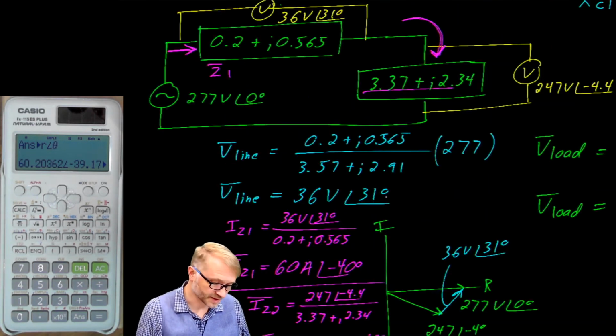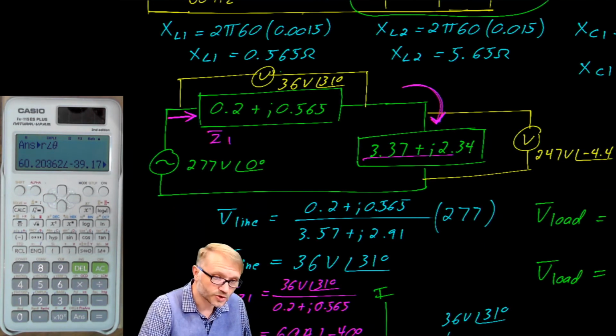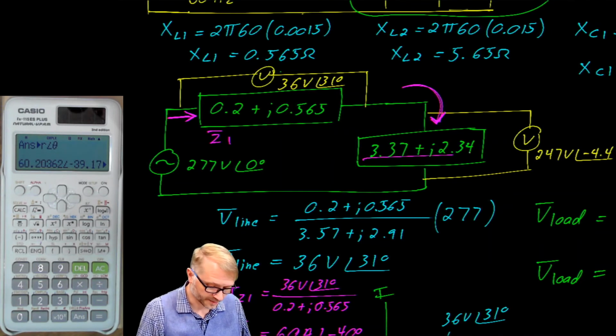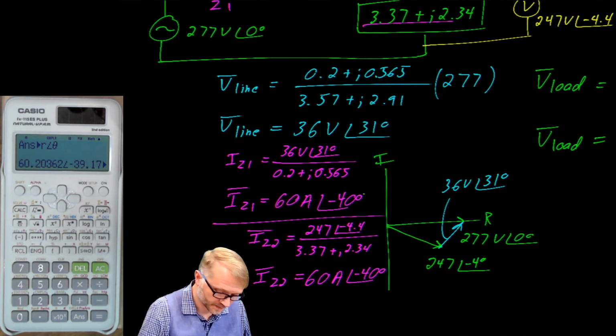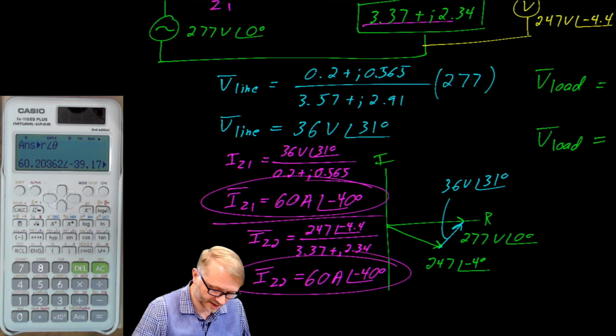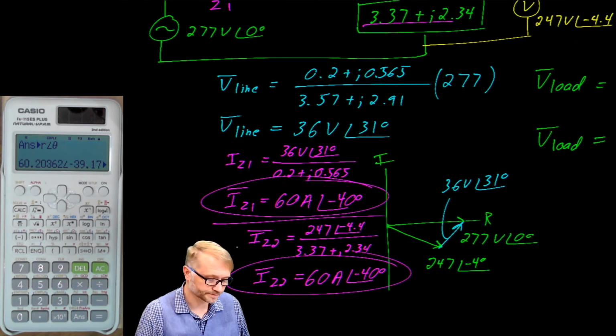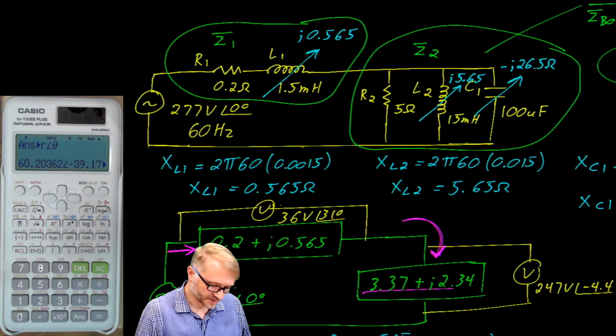And that's good news. Again, it's a series circuit. You should have the same current flowing no matter which way you calculate it. Again, that calculation and that calculation are the same. So let's see, are we closer?